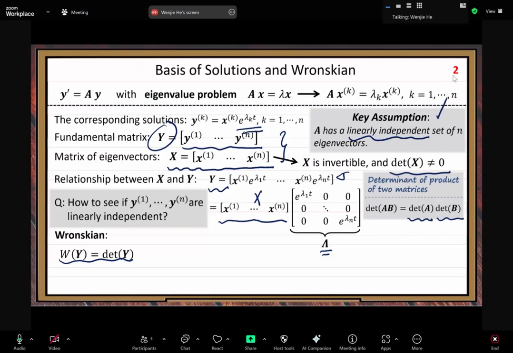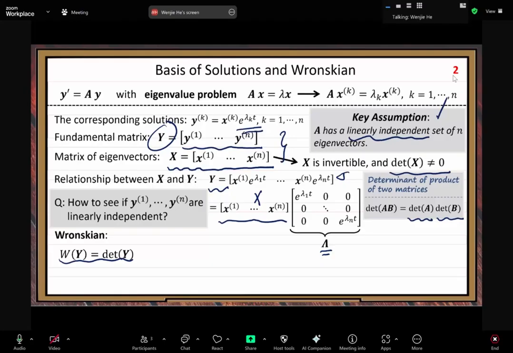Remember, our previous Wronskian definition is not for a linear system. Our previous definition is for the nth order ODE, so we used derivatives that way.